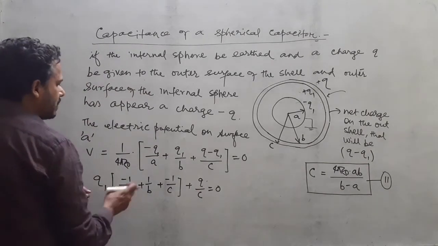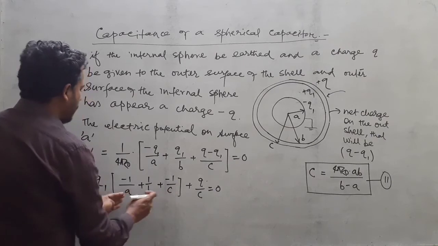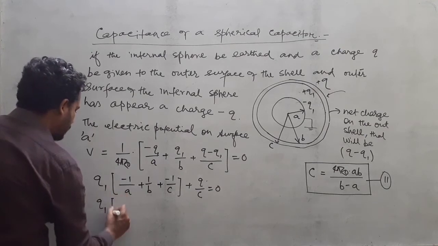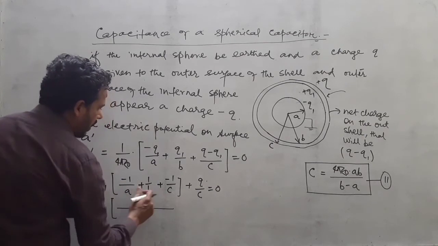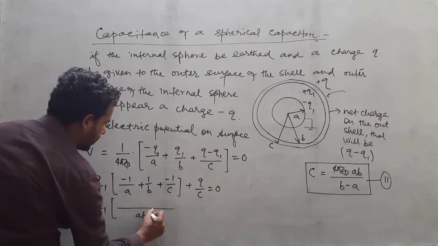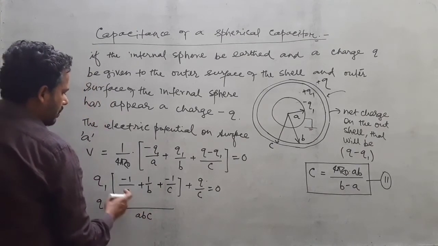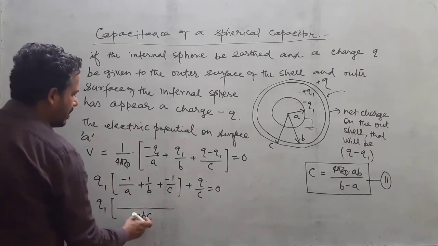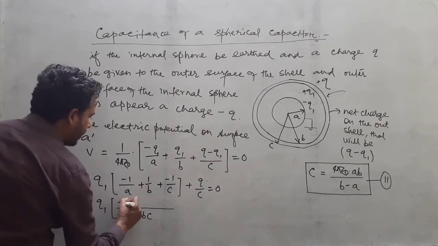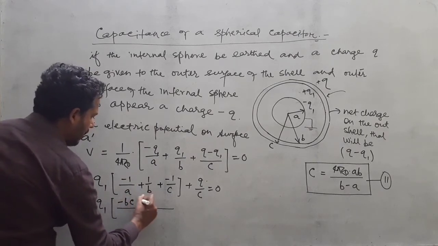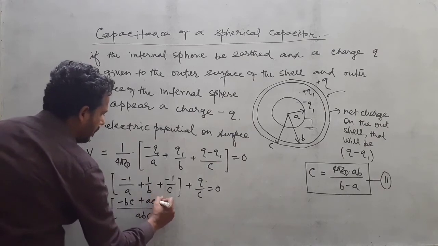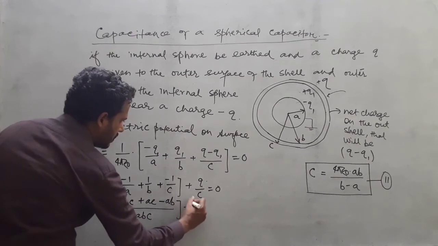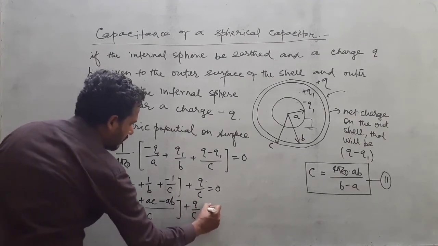So first of all you calculate this algebraically. You just take the common denominator ABC, and here ABC will be cancelled, so you will get BC divided by minus 1, so there will be minus BC plus AC minus AB, plus Q by C is equal to 0.